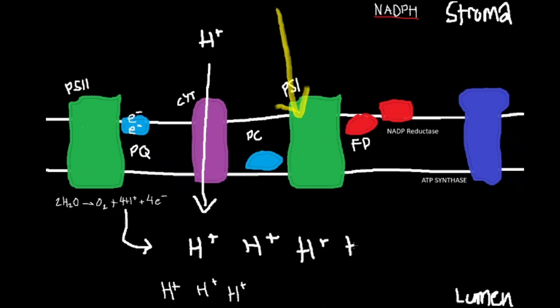And as we all know, we just pump a lot of hydrogen ions here. It's because of the electrons moving here, and it pushes the protons inside the lumen. So that's what I said, it's going to create a gradient.